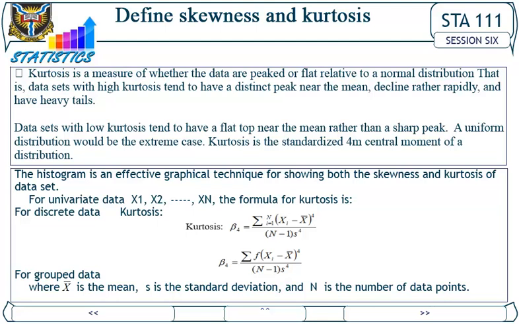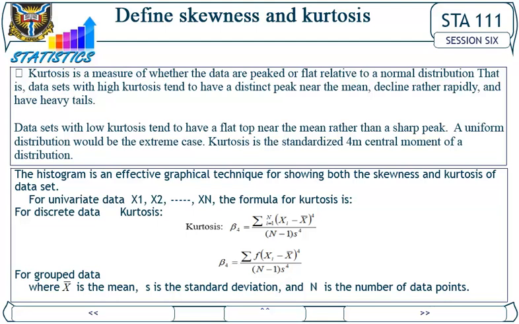A uniform distribution would be the extreme case. Kurtosis is the standardized fourth central moment of a distribution. The histogram is an effective graphical technique for showing both the skewness and kurtosis of a data set.